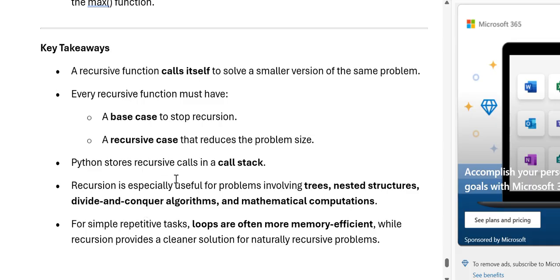Recursion is especially useful for problems involving trees, nested structures, divide and conquer algorithms, and mathematical computations. For simple repetitive tasks, loops are often more memory efficient, while recursion provides a cleaner solution for naturally recursive problems.